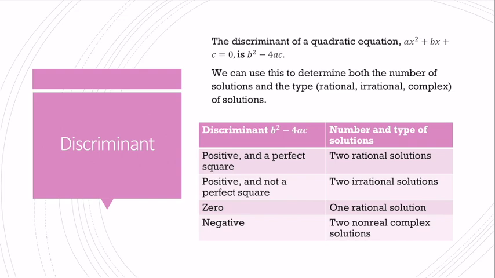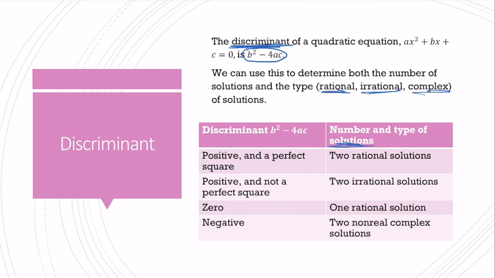So an important part of working with the quadratic formula is what's under the radical. That b squared minus 4ac part, we call that the discriminant. And based on what the discriminant is, that tells me how many x-intercepts, how many solutions I'm going to have to my quadratic formula. They're either going to be rational, irrational, or complex.